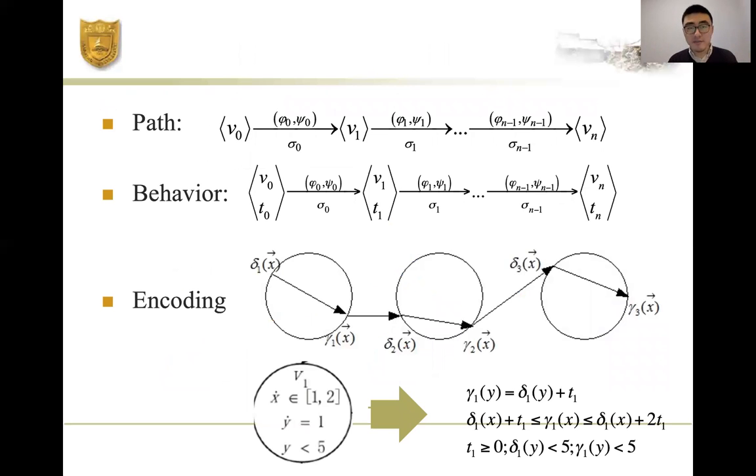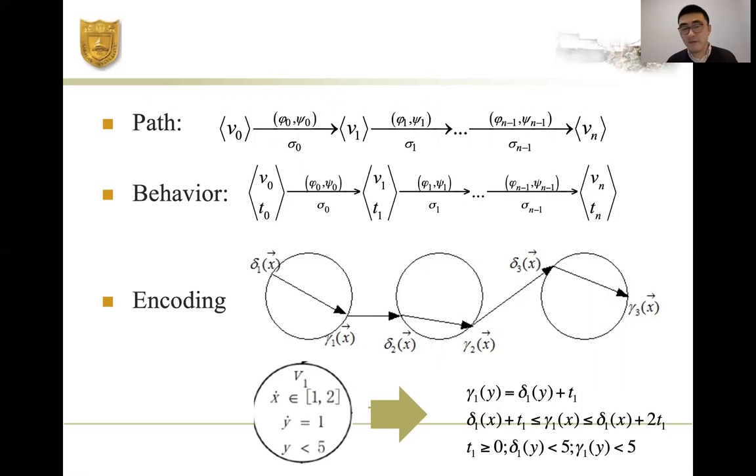That's the first idea. So here, what's a path? In hybrid automata, a path is a sequence of locations and transitions. Say we stay in location V0 and we jump to V1 and keep going, and we end up in Vn. When we have a path, we need to check whether we have a behavior that satisfies everything there.